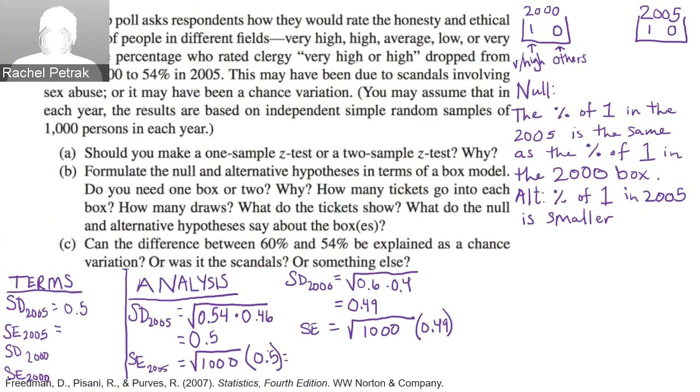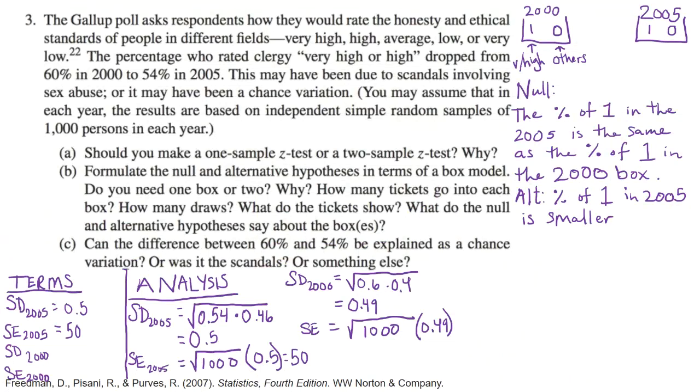Okay. So this is 100 times 0.5, 50, but we can convert that to a percent. So we can figure out the number of respondents who reported that they had high or very high.